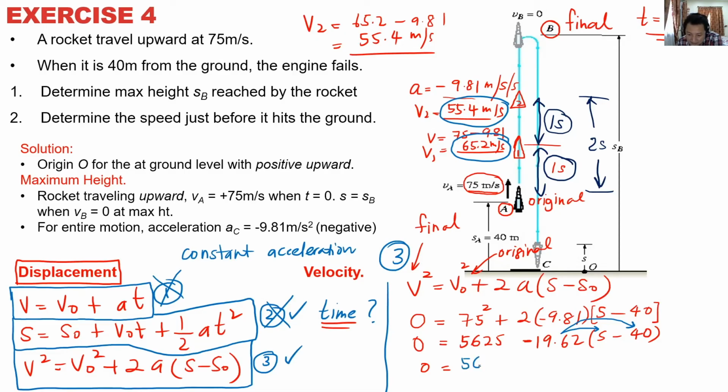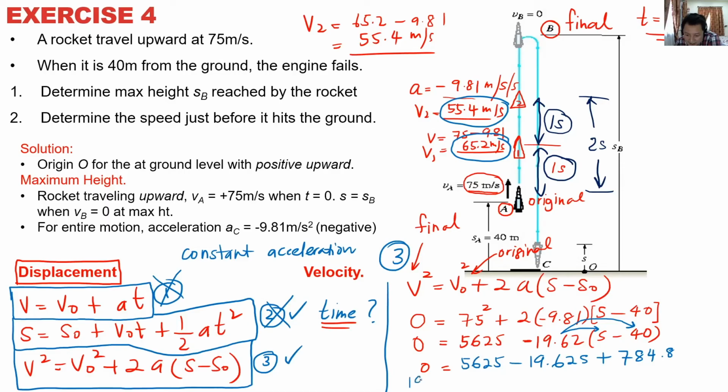So 5, 6, 2, 5 minus 19.62 S campur 19.62 kali 40, 784.8. 784.8. Can you solve this? So bring this one over there, right?